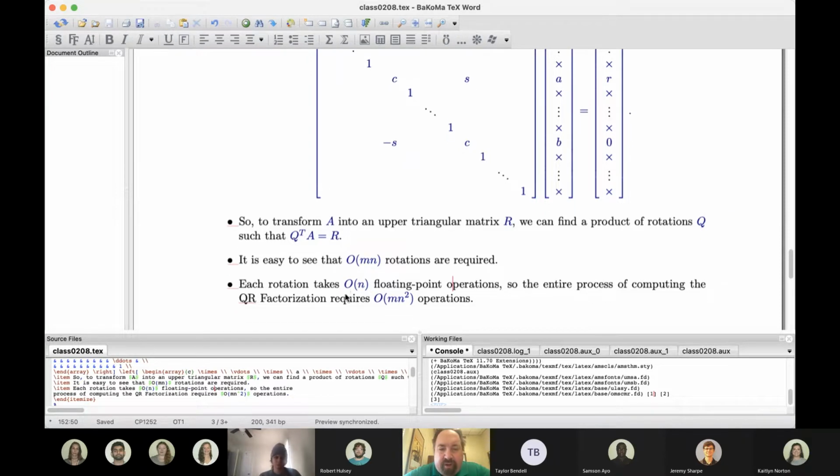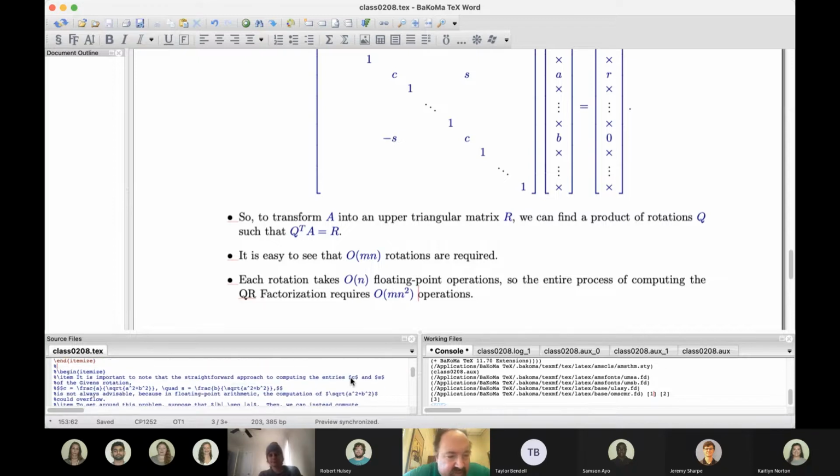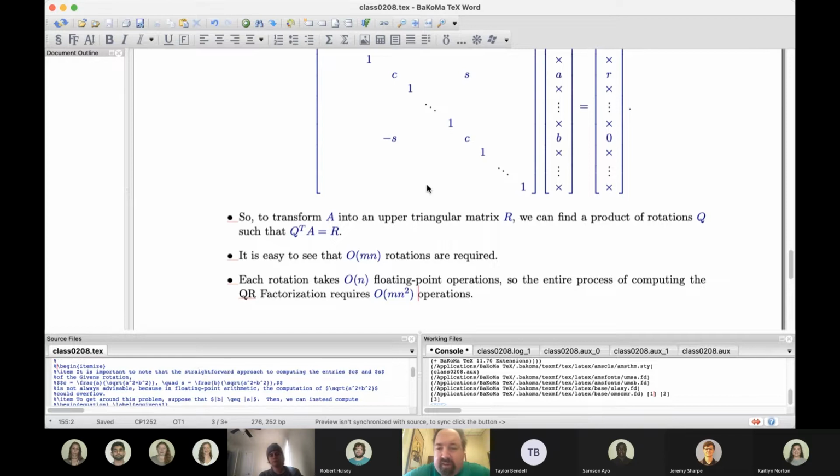To get the total amount of work involved, I multiply this amount of work per rotation times the number of rotations, and that's the overall complexity, m times n squared. So that's how expensive it is to compute a QR factorization. Any questions so far?